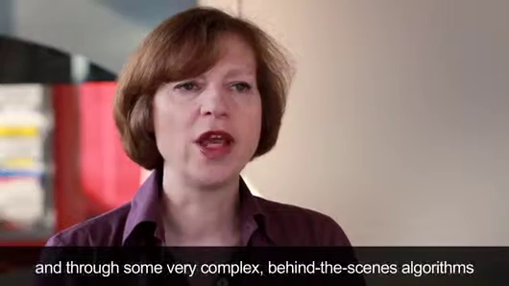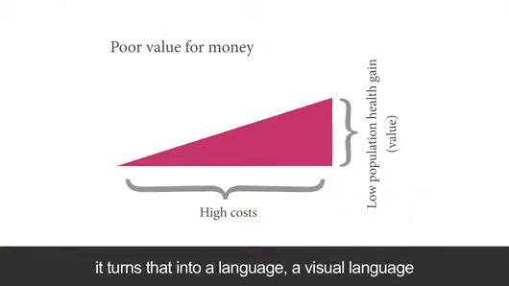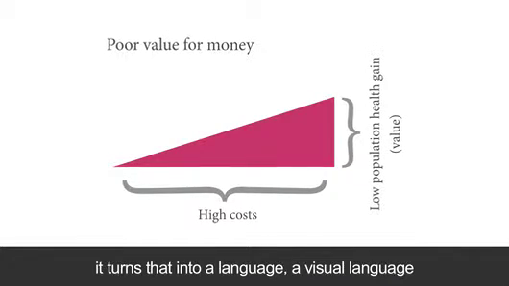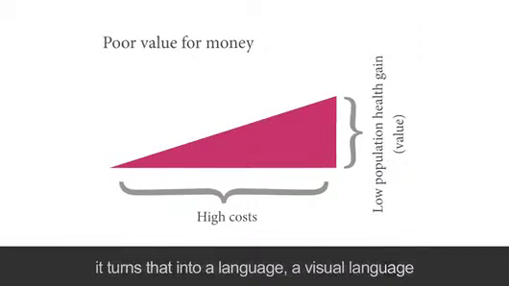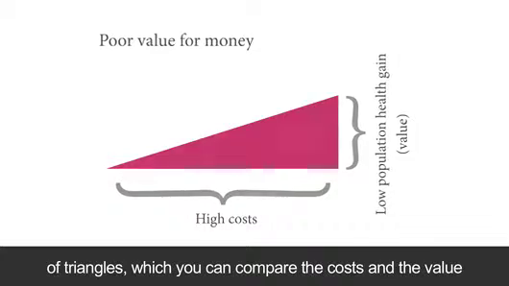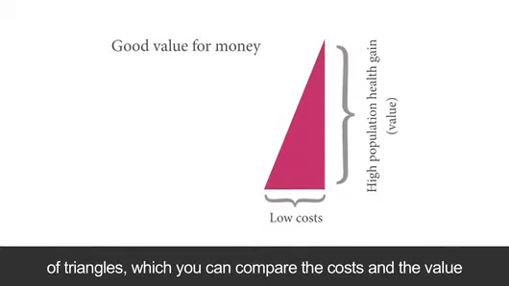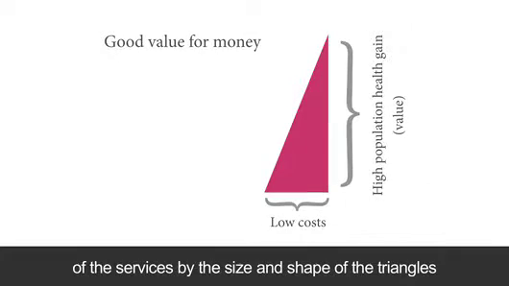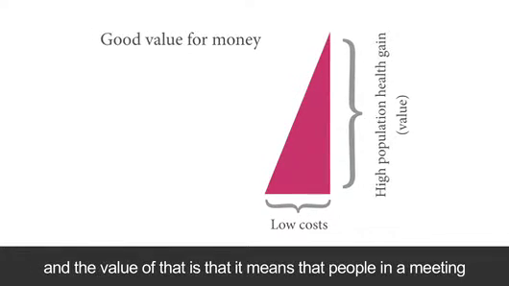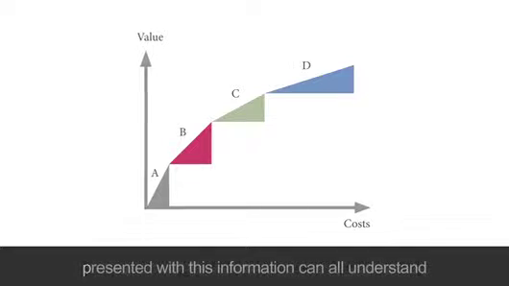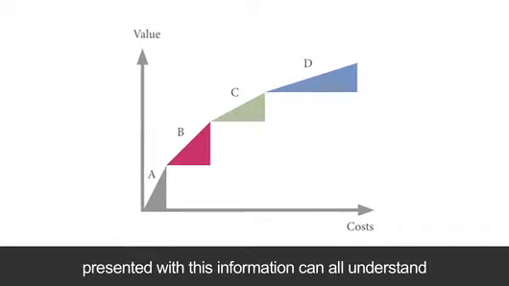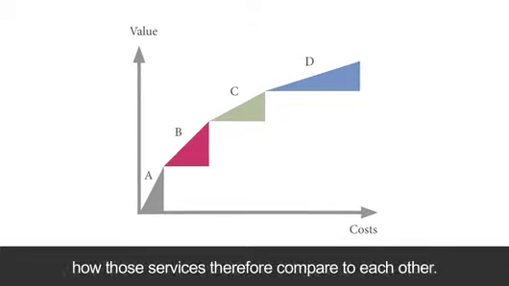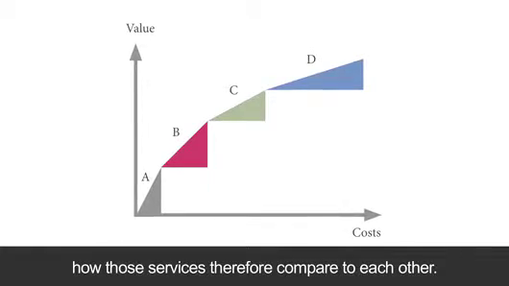And through some very complex behind the scenes algorithms, turns that into a visual language of triangles, which you can compare the cost and the value of services by the size and shape of the triangles. And the value of that is, it means that people in a meeting presented with this information can all understand how those services therefore compare to each other.